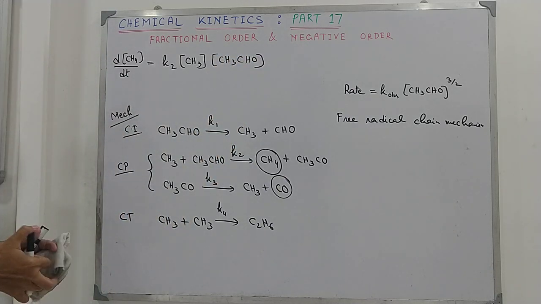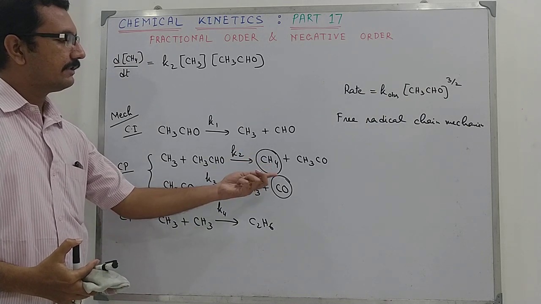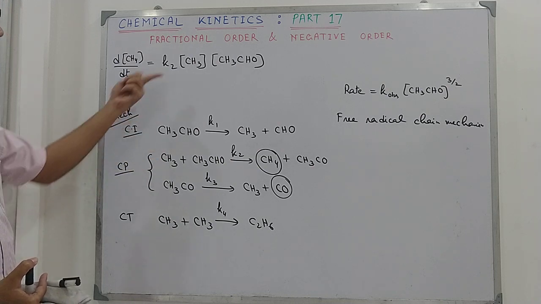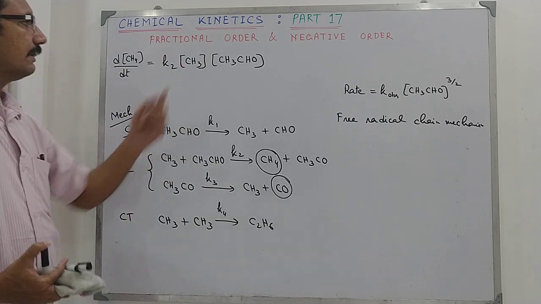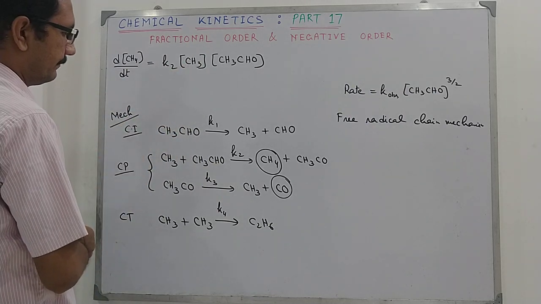Now if this is the product, then the rate of formation of the product is the rate of the reaction, and it is given by K2 into CH3, that is concentration of this methyl radical, into concentration of this ethanol. Now we have to find this CH3 radical.